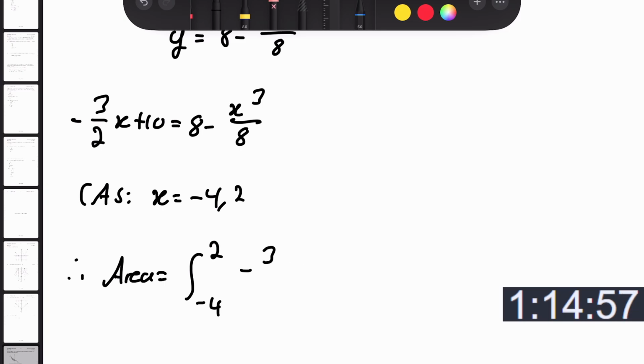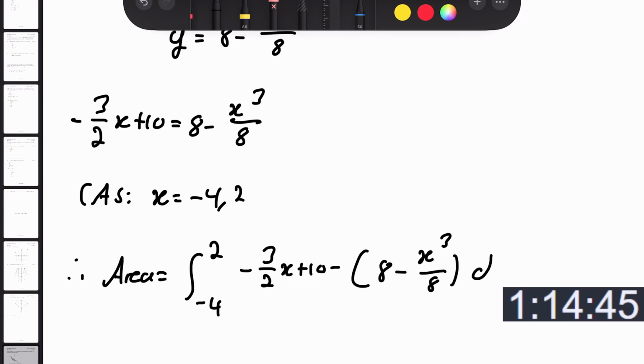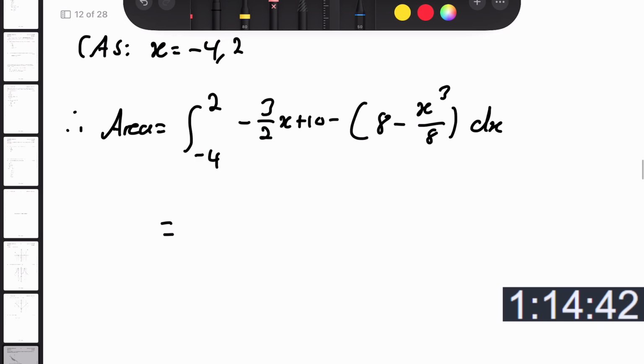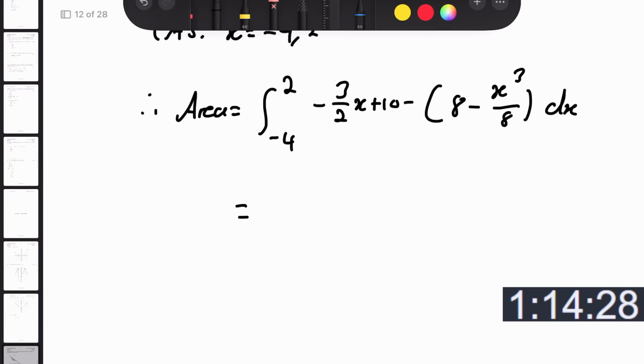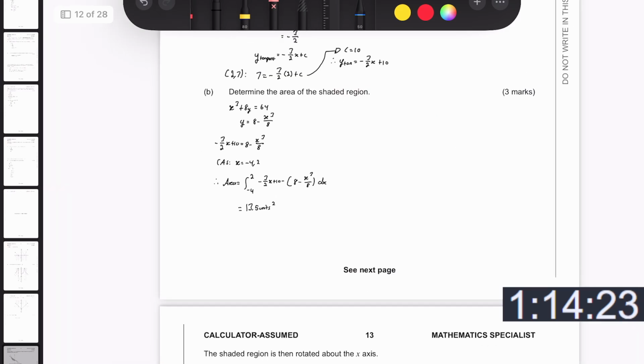So negative 3 on 2x plus 10 minus 8 minus x cubed all on 8 dx, from negative 4 to 2, which gives 13.5 units squared.